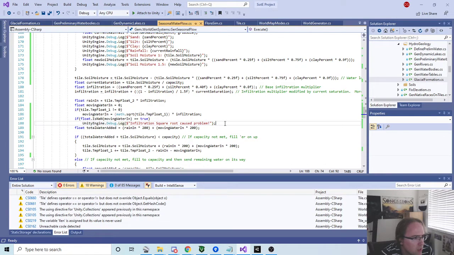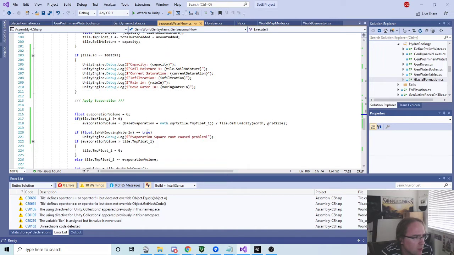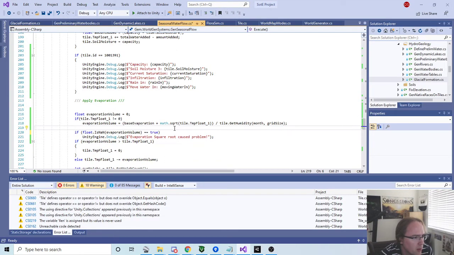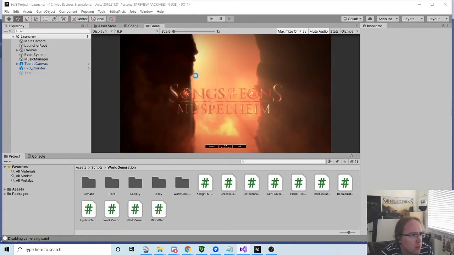Unity debug log infiltration square root caused problem. But I screwed up down here. I was checking the wrong value. It should be evaporation volume. Right, so if we were having a problem up there, we'd have a problem down here. Alright, so either way, I'll go ahead and run this code and see what we get.